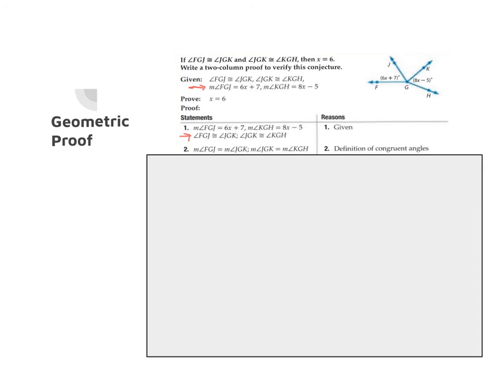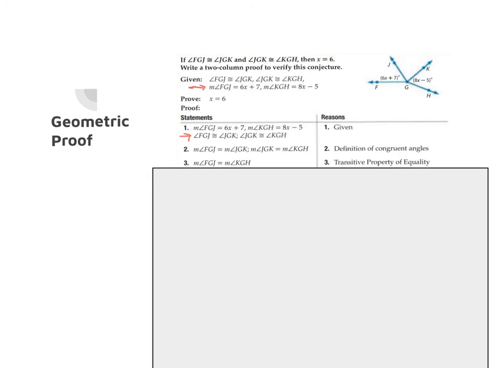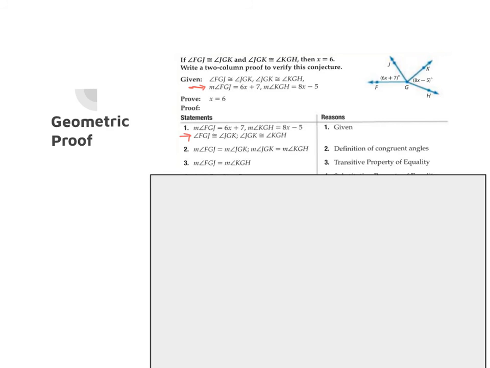So we know that the angle FGJ and JGK are equal, and the angle JGK and KGH are equal. We can use our transitive property of equality, which I mentioned.